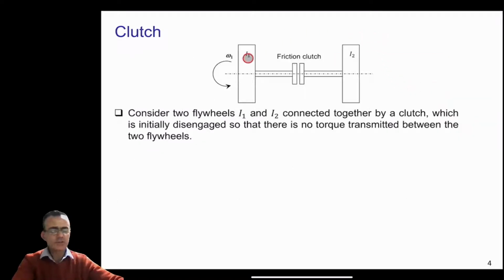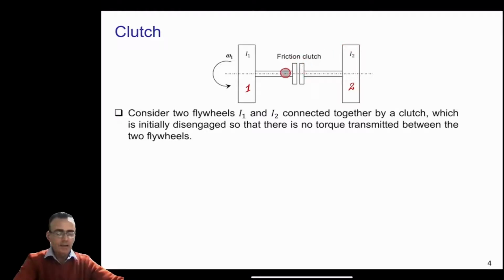Okay, so this is just a very simple representation of a clutch. As you can see in this case, we have two flywheels. One is flywheel 1, which is this flywheel here, and this we will call flywheel 2. The moment of inertia of this flywheel is I1, and the moment of inertia of this flywheel is I2.